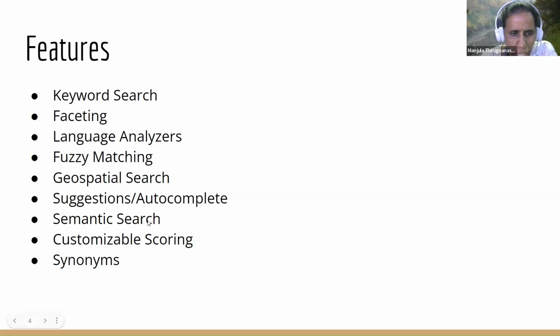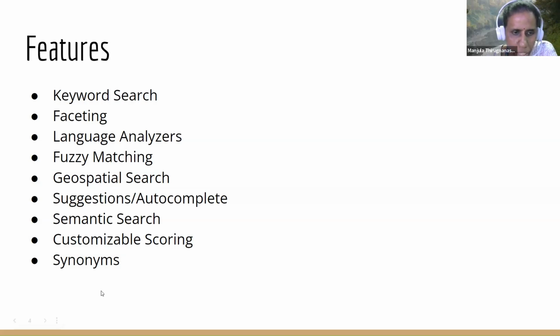Then we have the semantic search. Semantic search is like, suppose you are searching for capital of France. Your intent is that you want the capital of France, whereas the search can look into capital amount related search.